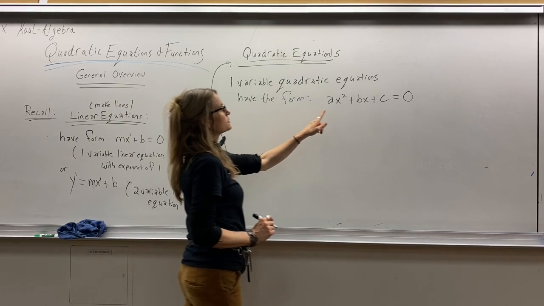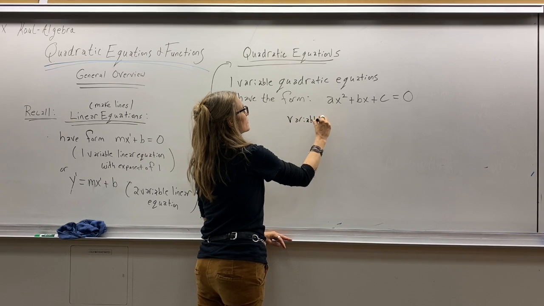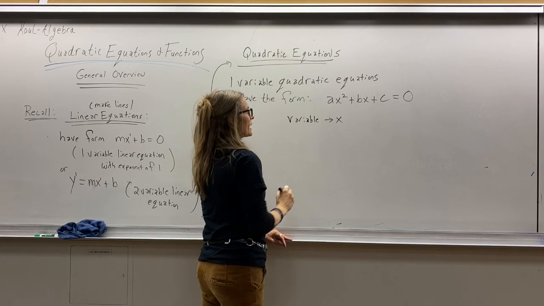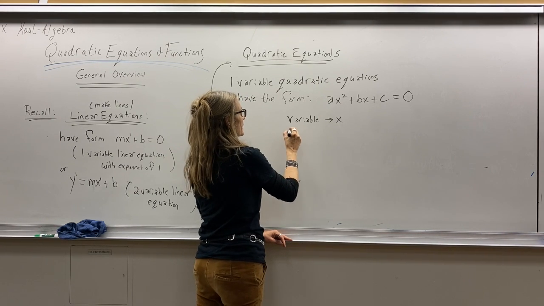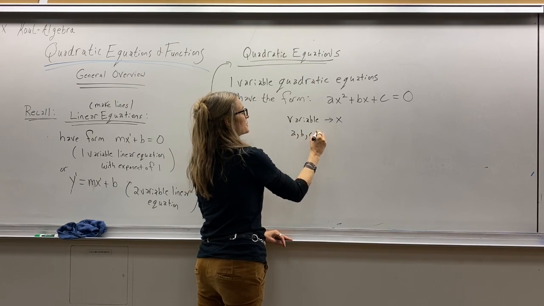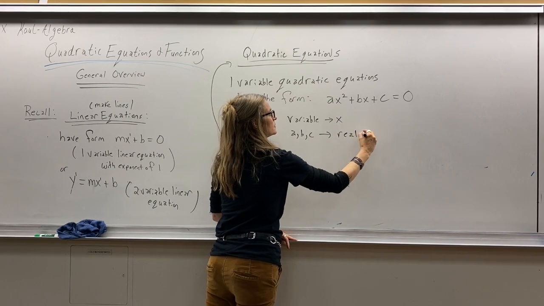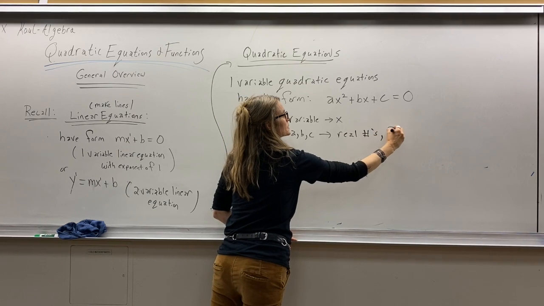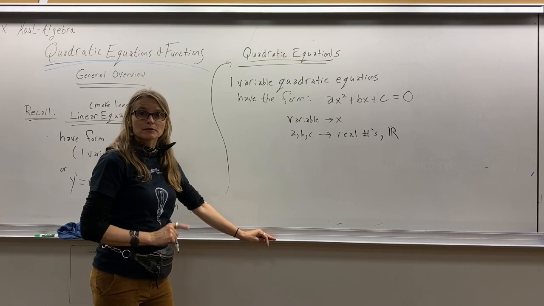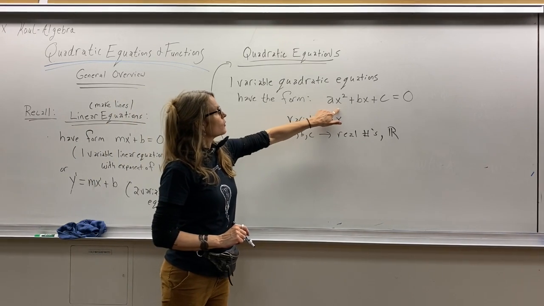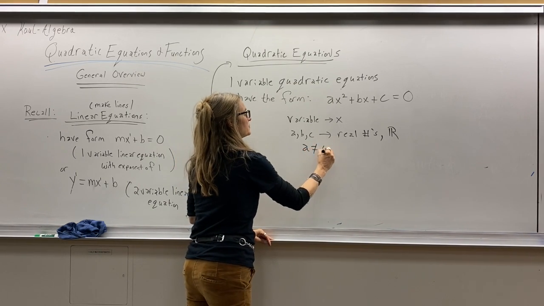What you notice is the variable is the x. And a, b, and c are real numbers, so we're going to deal with real numbers right now. The one restriction, in order to make it a quadratic equation, is that we cannot wipe out this term, so a cannot be equal to 0.